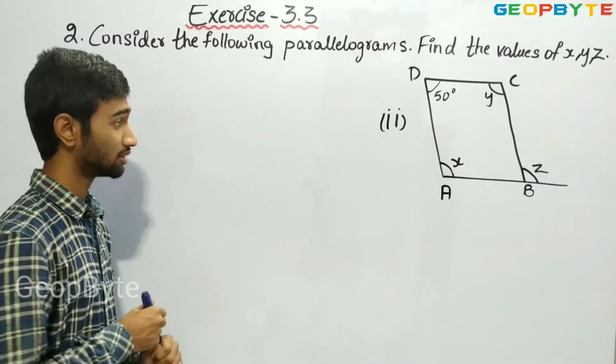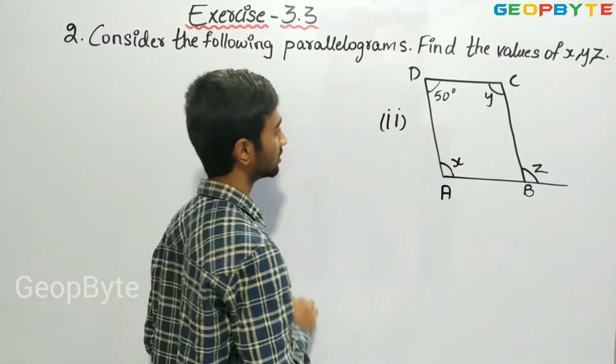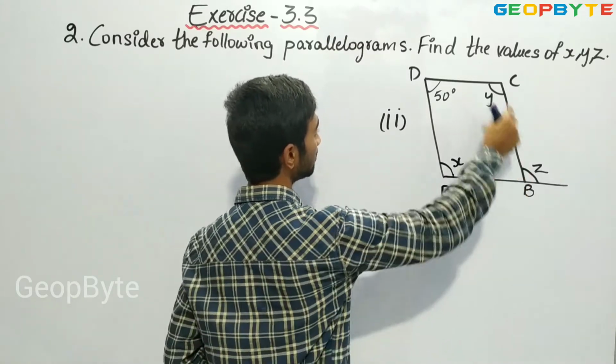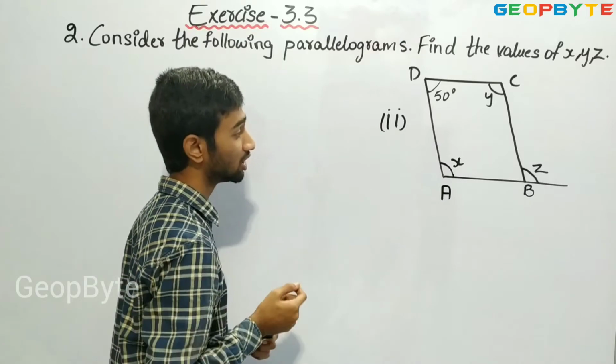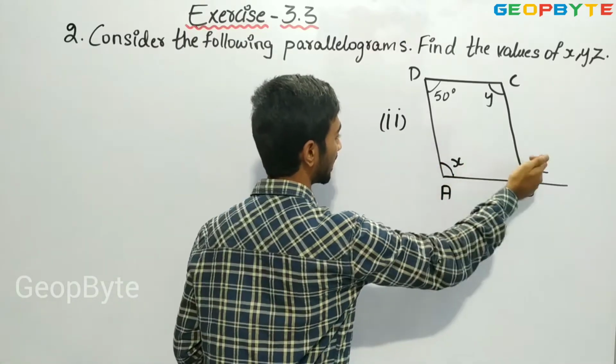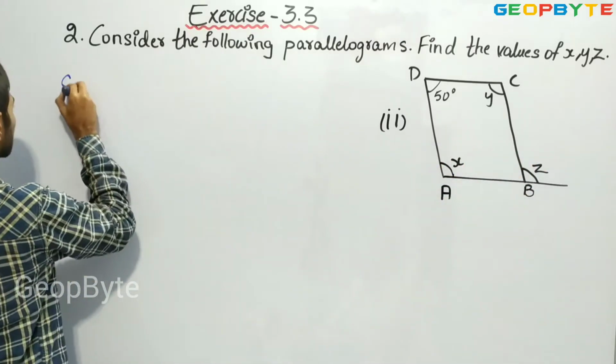Now let us see the second figure. Here ABCD is a parallelogram. Now we need to find the values of x, y and z.